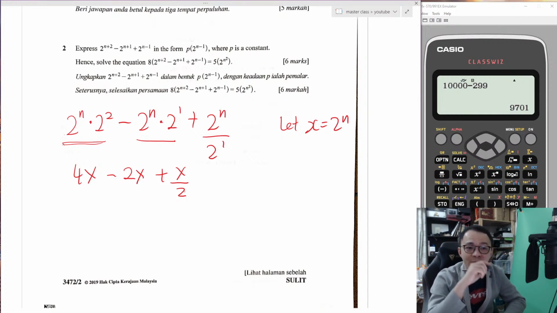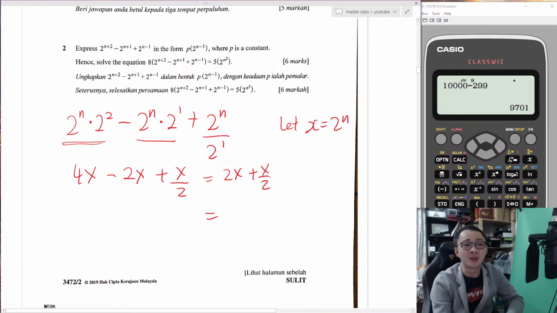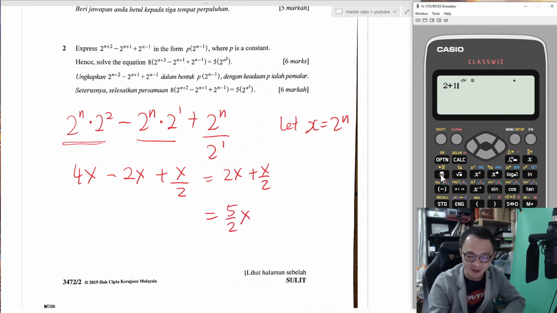Okay, so what we want to do next is we will actually solve this one. So 4x minus 2x, you should still have 2x and then plus x over 2. So if I simplify further, you should get 2 plus 1 over 2, which is 2.5, isn't it? Or we call 5 over 2 x. Just type the calculator, 2 plus 1 over 2, then you will get 5 over 2 x.